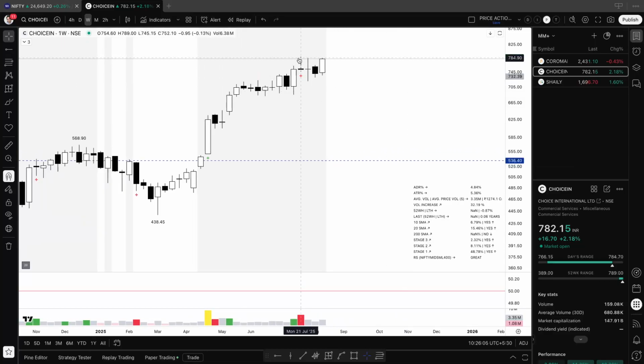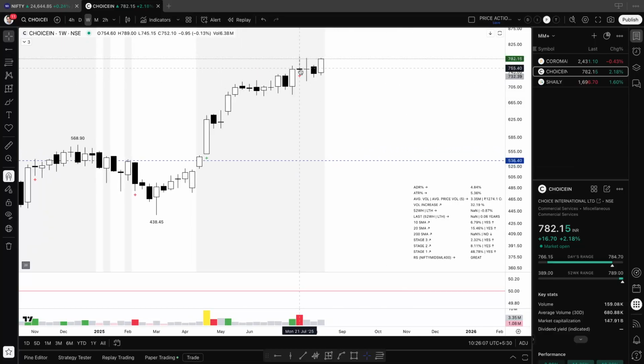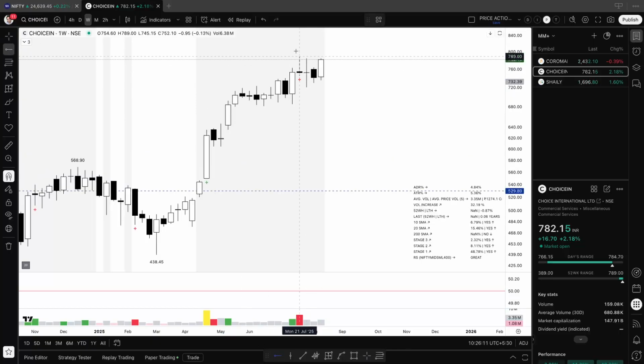Like the latest plus sign here on this weekly chart. What does it mean? It means this week was very important and the market has taken some decision here.